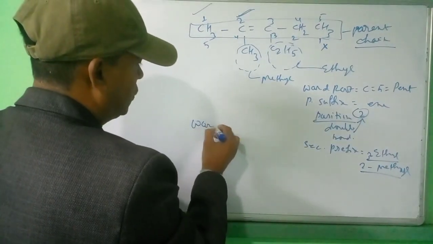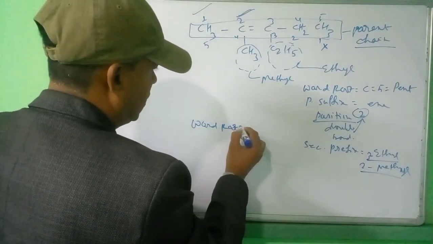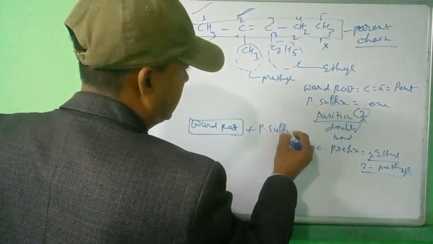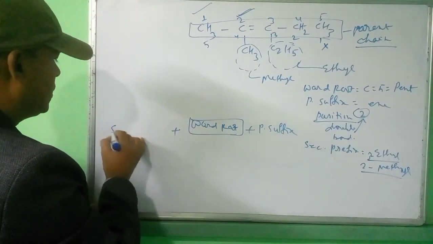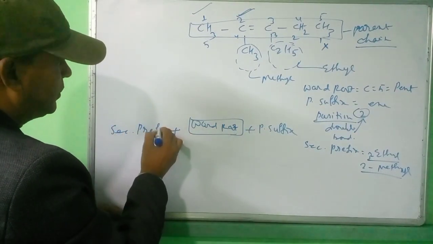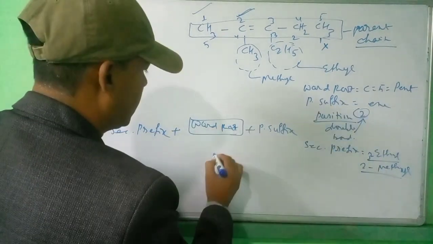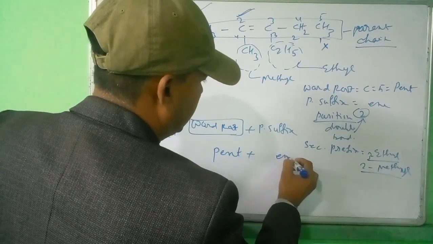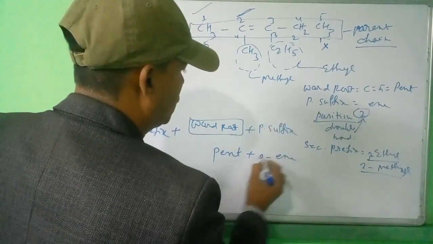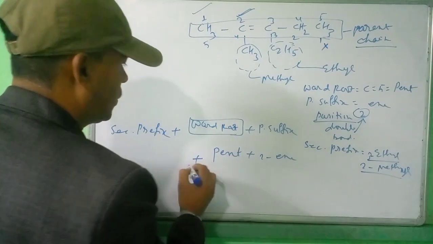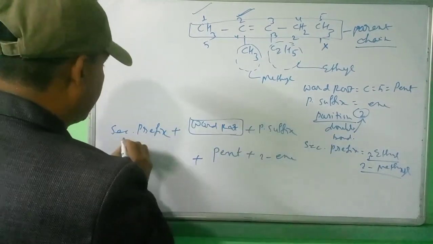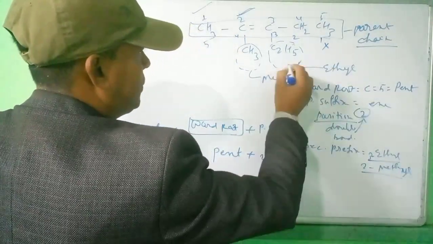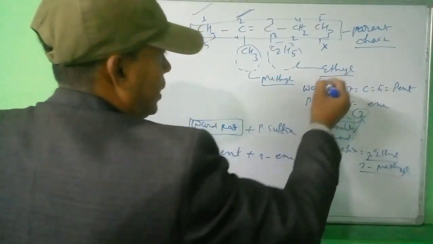Now word root plus primary suffix, and before the word root secondary prefix. Then word root is what? Pent, plus ene, and position second, 2 ene. Before the word root, secondary prefix ethyl and methyl. So two different substituents, then what rule?